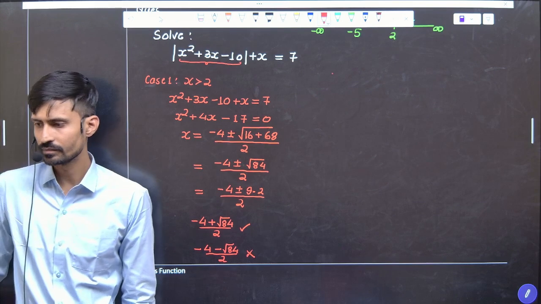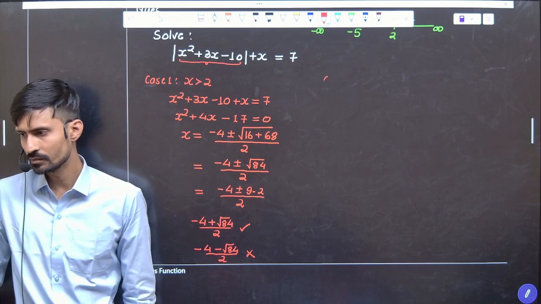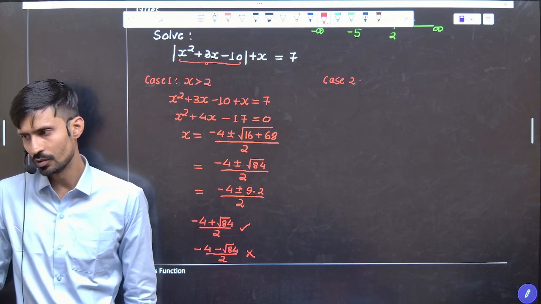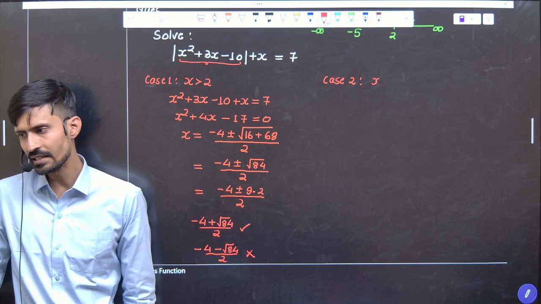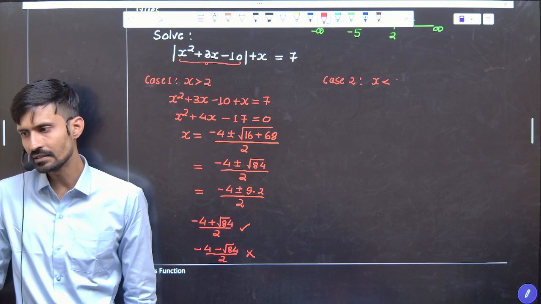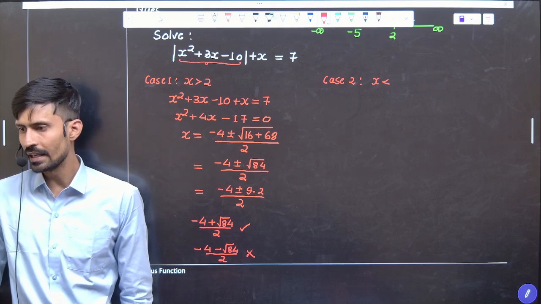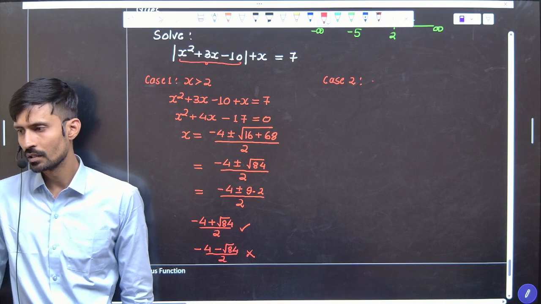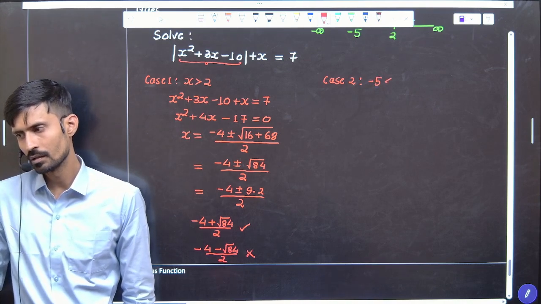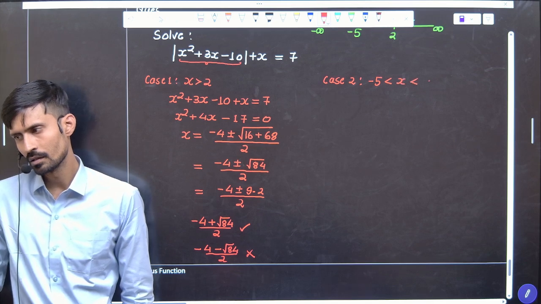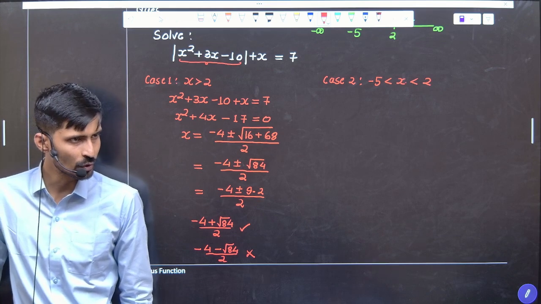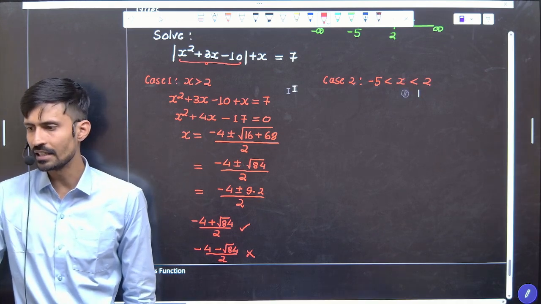Okay. Case 2. When x is lying between minus 5 to 2, what is the sign of that term?